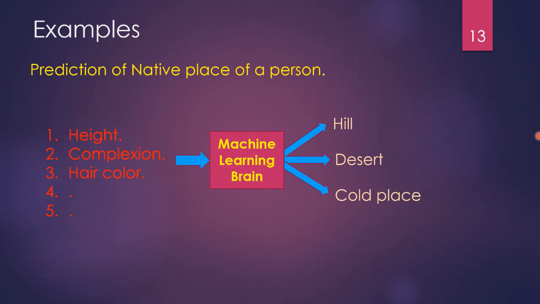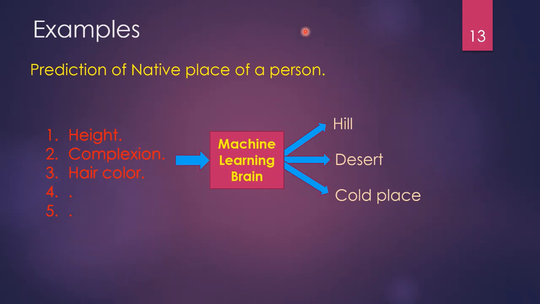Maybe with this example there is no such practical relation, but you can have a model like this which will predict where a particular person may belong from. May, I'm saying may, again I'm saying it's not exactly, you can never guarantee.